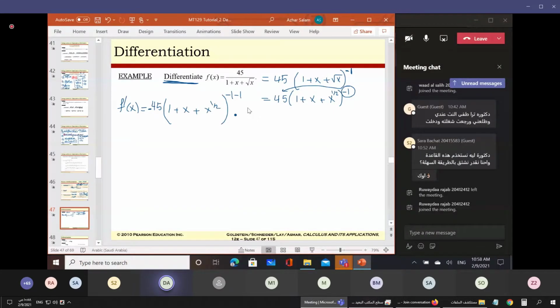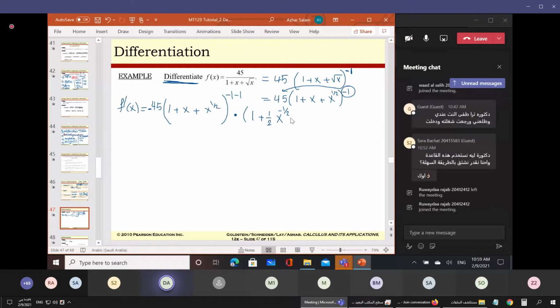Okay, so the derivative of 1 is 0, derivative of x is 1, plus derivative of x to the power half, as we said, will be 1 over 2 multiplied by x to the power minus half.